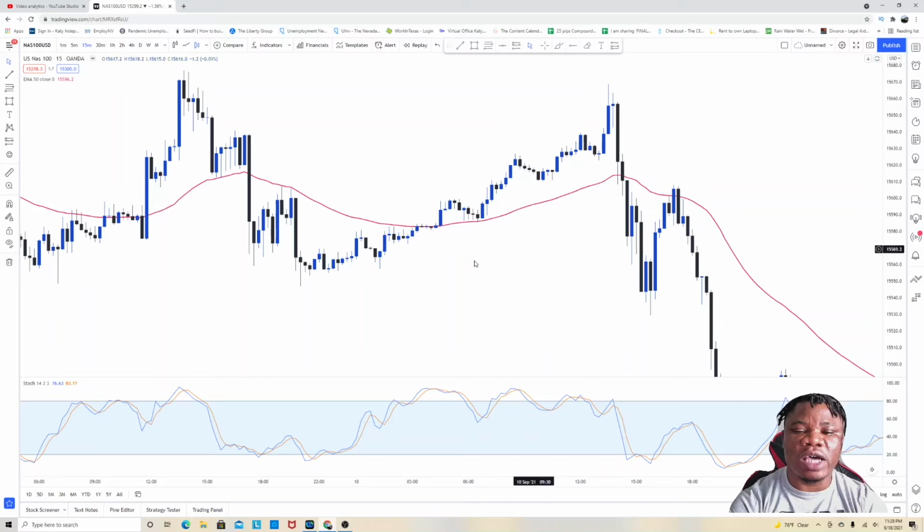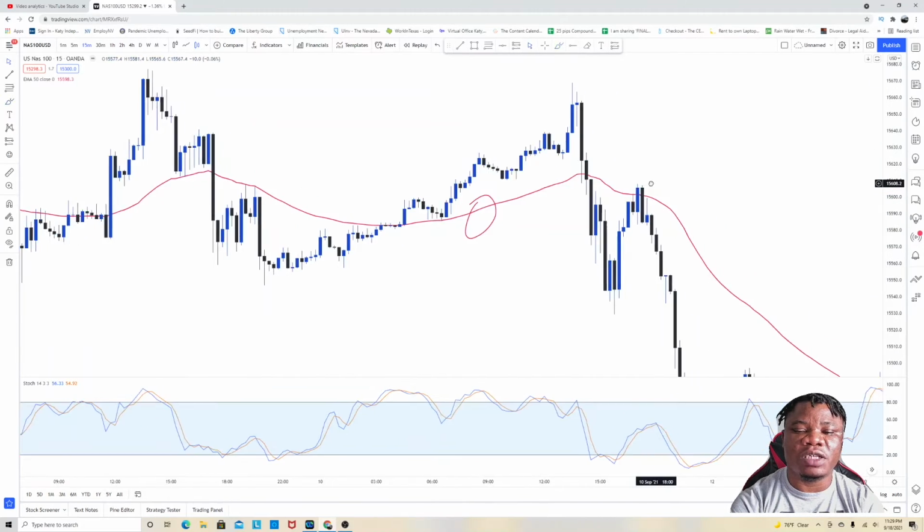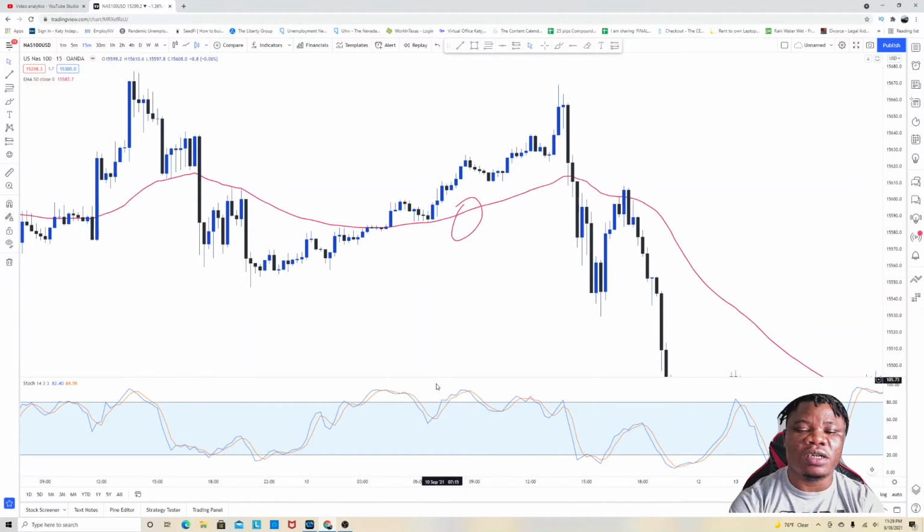Now if we take a look at this buy right over here, what we need to be looking out for is we need price to be above the 50 EMA. Once we have price above the 50 EMA, we also need a confirmation, which is right here, the stochastic indicator.